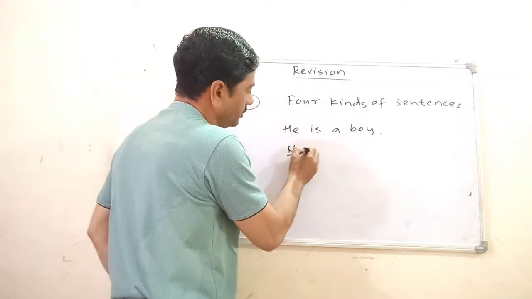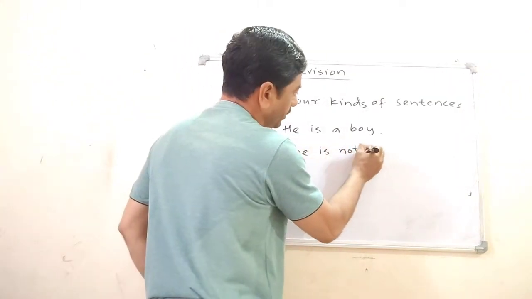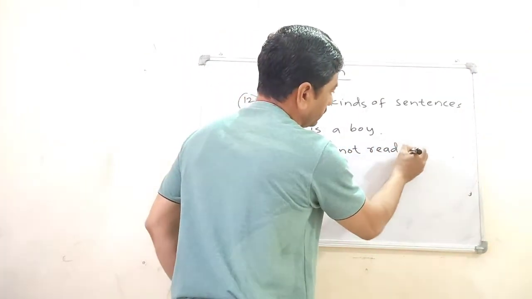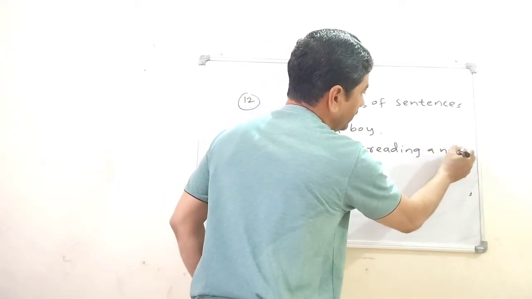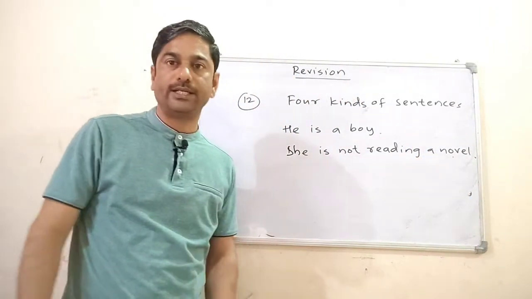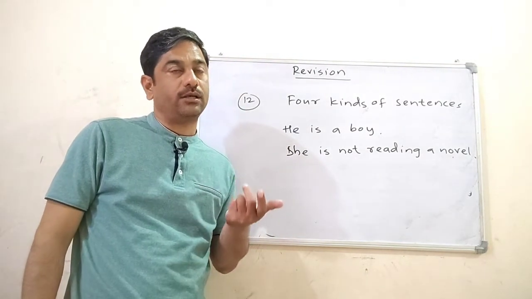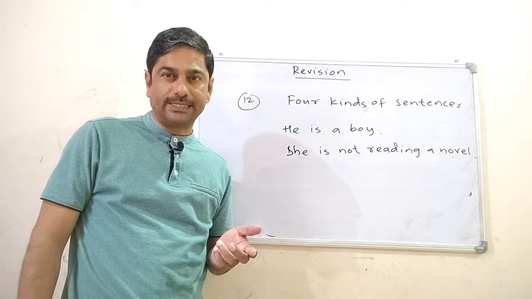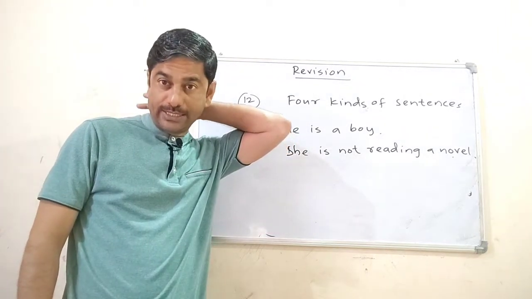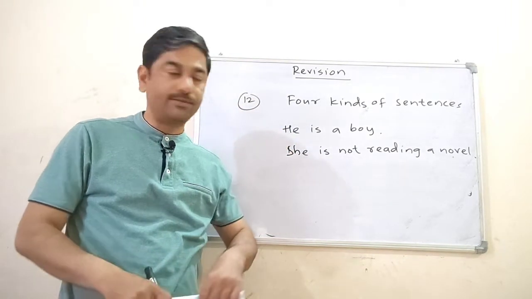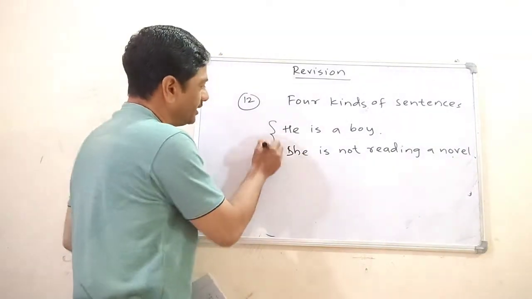She is not reading a novel. It is also a declarative sentence. There are 4 kinds of sentences: declarative sentences, then interrogative sentences, then imperative sentences, and exclamatory sentences. So these are declarative sentences.